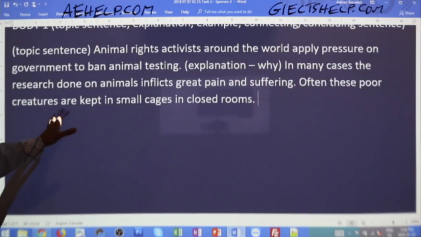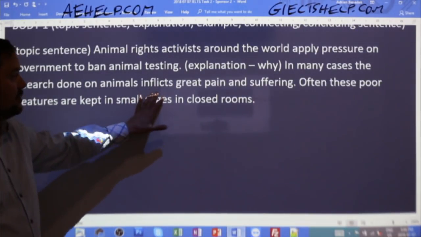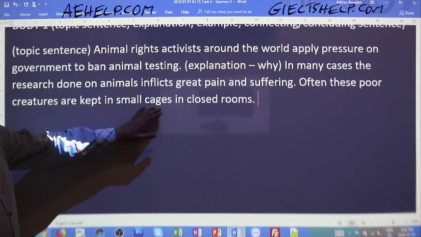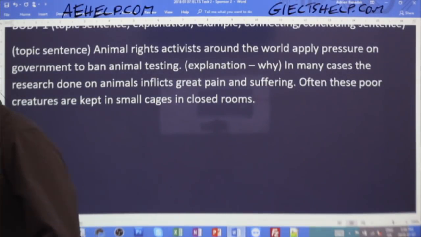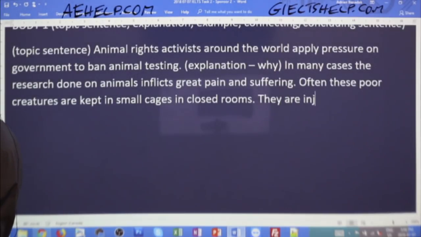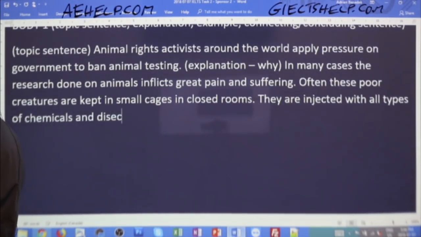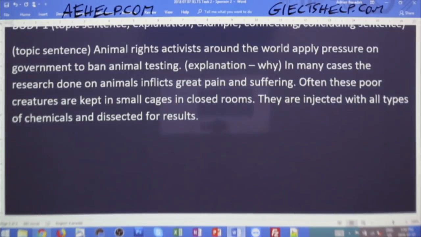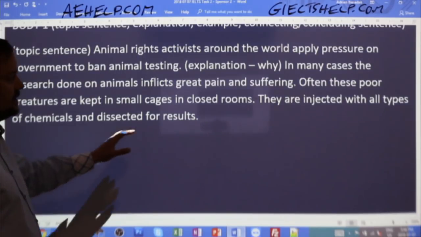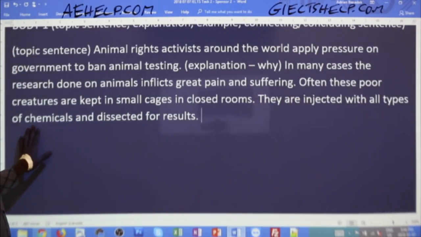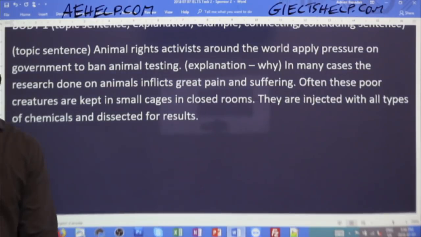So yeah, in many cases, research done on animals inflicts great pain and suffering. Often these poor creatures are kept in small cages in closed rooms. They are injected with all types of chemicals and dissected for results. Okay? So getting into it. Yeah, it's very sad. It happens. Hopefully these laboratories are following their guidelines. But that's what happens. They're injected with all types of chemicals and dissected for results.